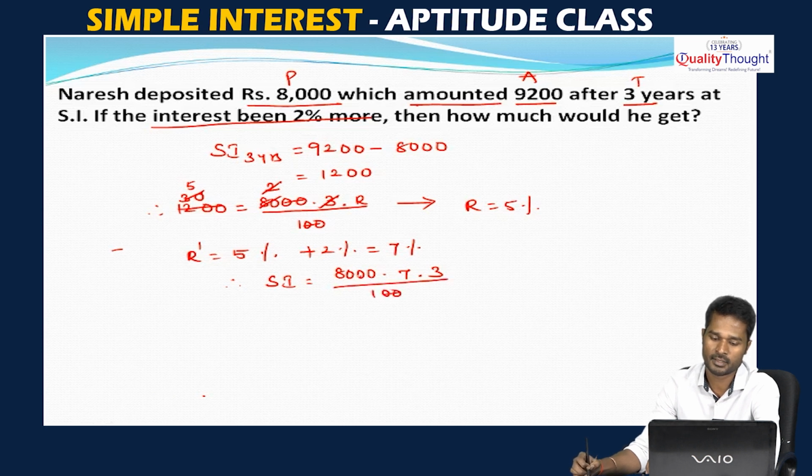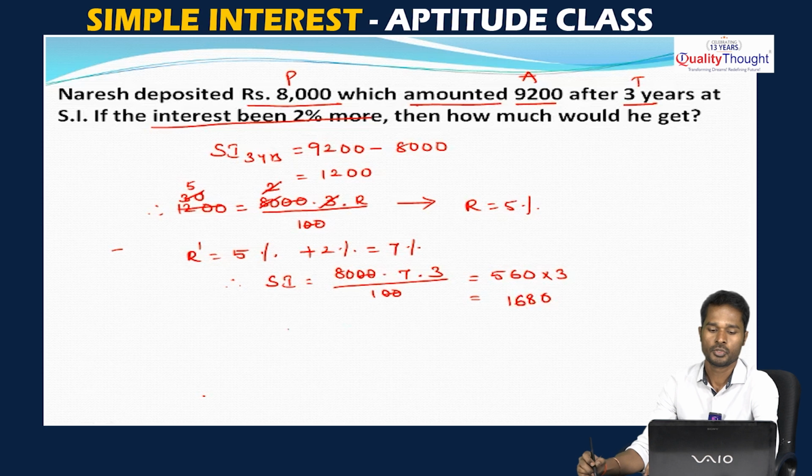Zeros will cancel. So 8 7s are 56, and 56 into 3: 3 6s are 18, 3 5s are 15 plus 1, that is 16. So at 7% rate of interest there will be a simple interest of 1680 rupees.